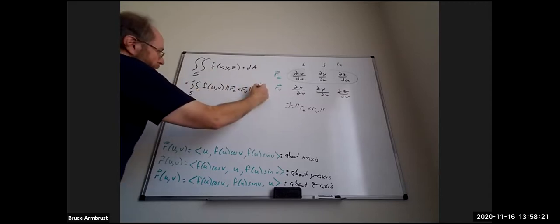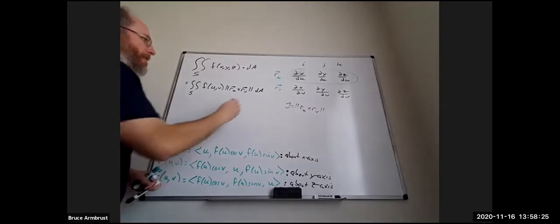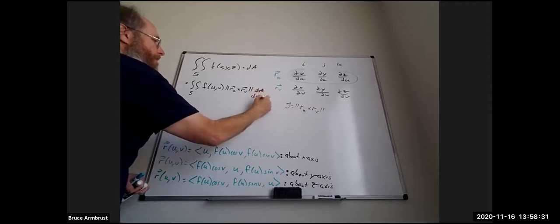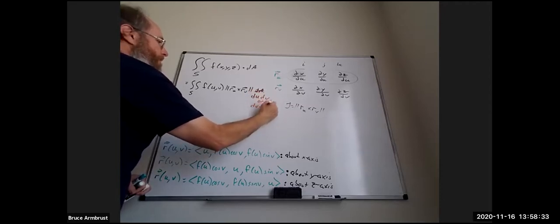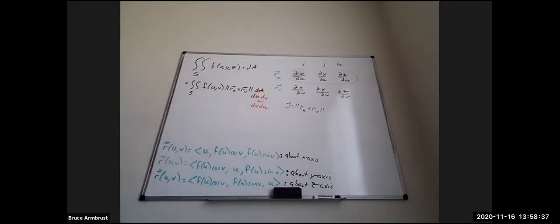And I'm going to go ahead and write dA again, but I want to make sure you understand that this dA, well, no, let's just do this. It's either going to be du dv or dv du, whichever way we decide we want to do it.